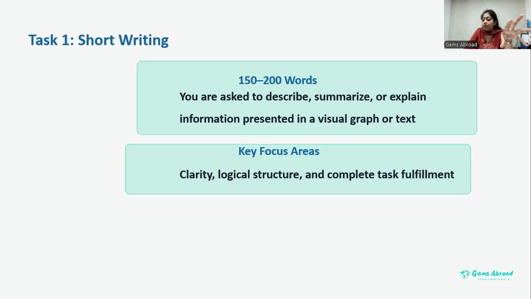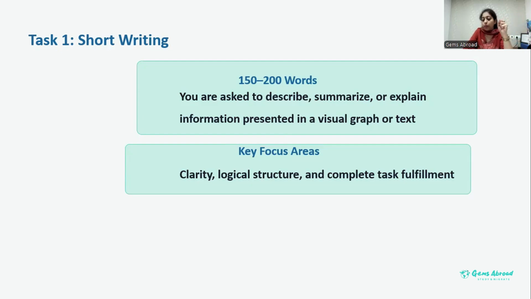You have to paraphrase the task prompt, then highlight the main trends, that is, any differences, or in life cycle or process diagrams, any stages to mention. And do provide the details in the body paragraph, such as specific data, comparisons, or steps. Don't copy directly. Use your own words.